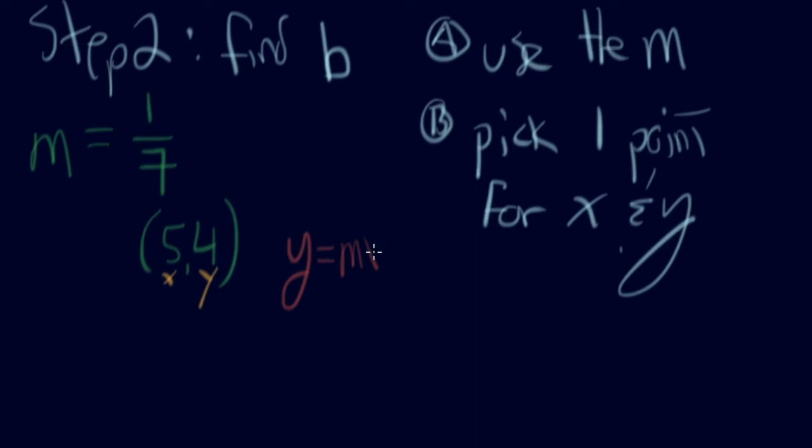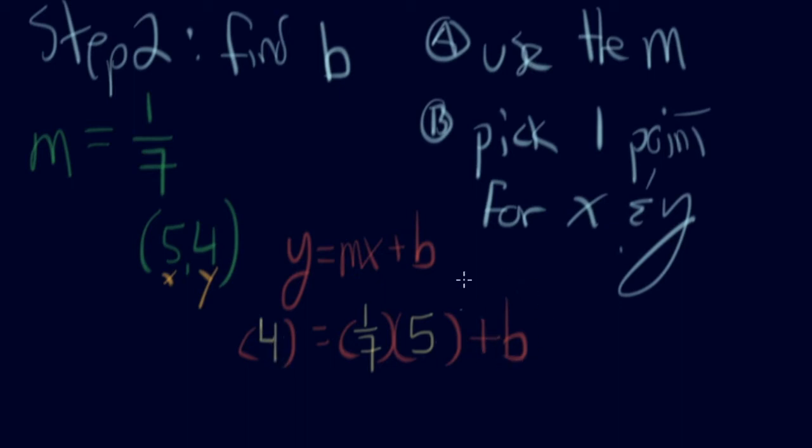I'm going to just use brackets to make this hopefully obvious. And we don't have a b. We're trying to figure out what b is. So now we're going to replace. We have our m, which is 1/7. Our x is 5. And our y is 4.